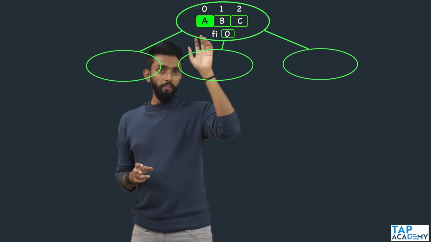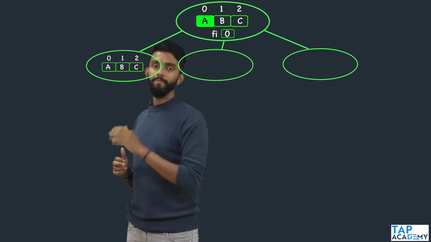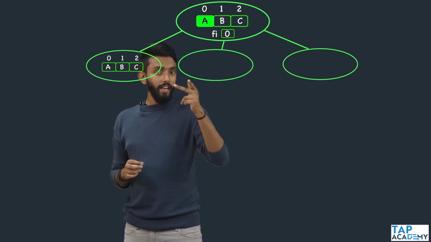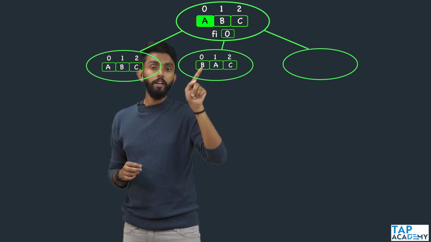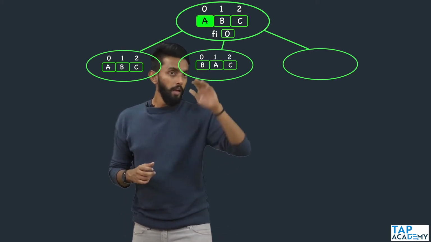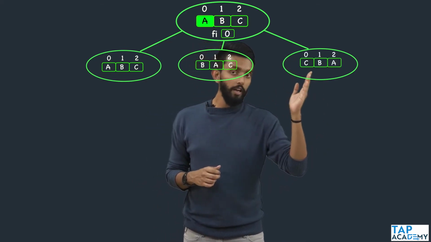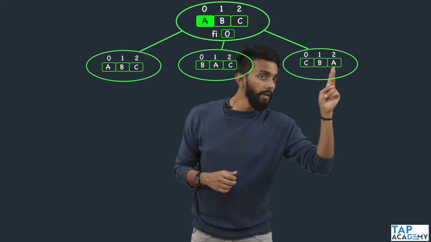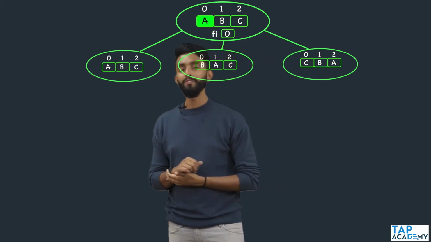Now the first possibility is nothing but A, B, C. The second possibility, look at it carefully. First character must be B, then obviously it can be A and C. Then look at the third possibility carefully. First character can be C, then it can be B and A. I hope you're able to think. Any confusion till this point of time?